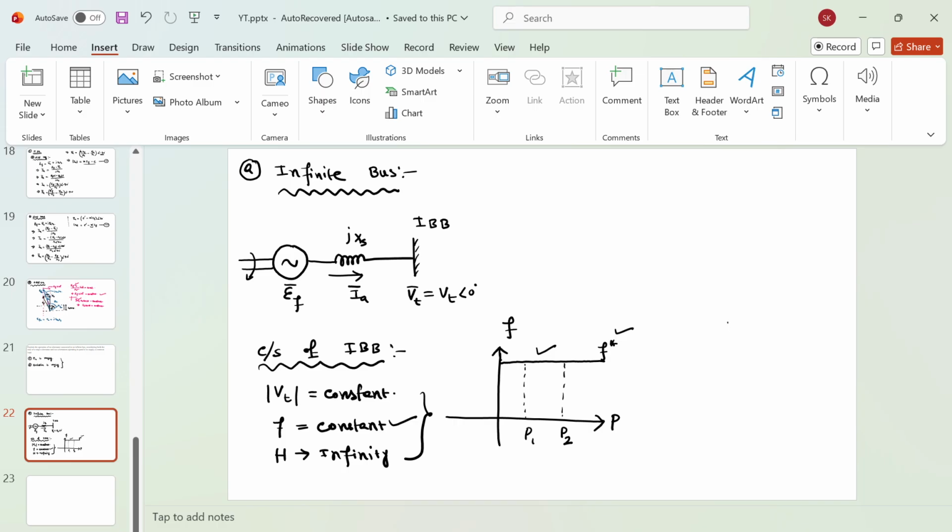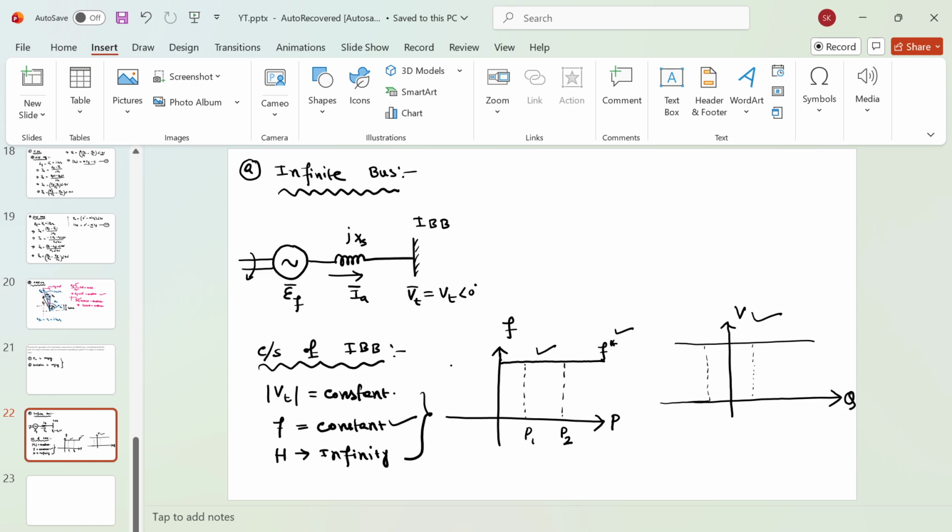Or let's say this is the active power frequency droop characteristic, and let's say you have the droop characteristic of bus voltage with respect to reactive power injection. The bus voltage will remain the same even if you inject some amount of reactive power into the grid, or if you draw reactive power from the grid; the bus voltage magnitude will still be constant.